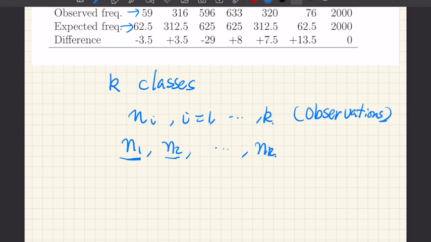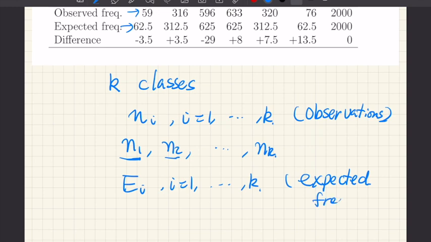And for each class, we have some theoretically expected number, e_i, with i from 1 to k. These are the expected frequencies, and those are the observed frequencies.